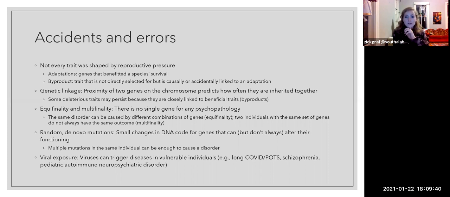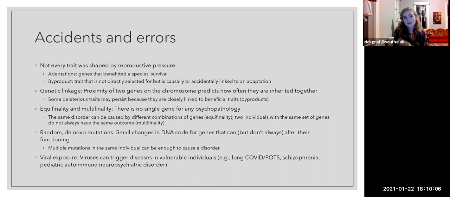And we do know that these random, what's known as de novo mutations, because they originate for the first time in the person who passes on that sperm or egg cell, they can affect functioning and they can contribute to that equifinality where many combinations of genes come together to cause mental illness.